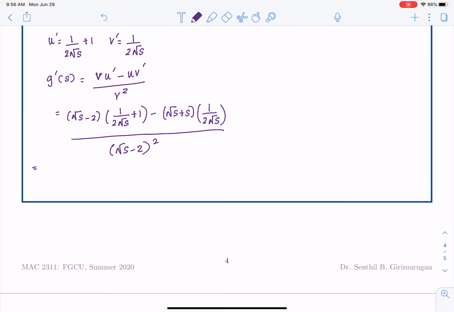So I'm going to distribute and see if things would get cancelled. So square root of s times 1 over 2 times square root of s.